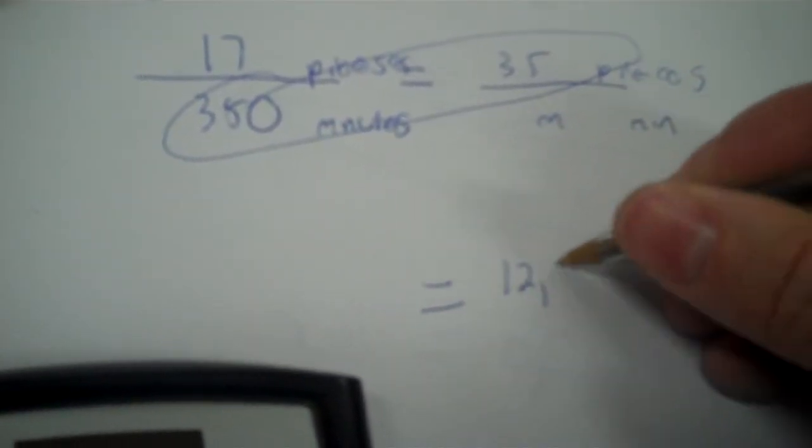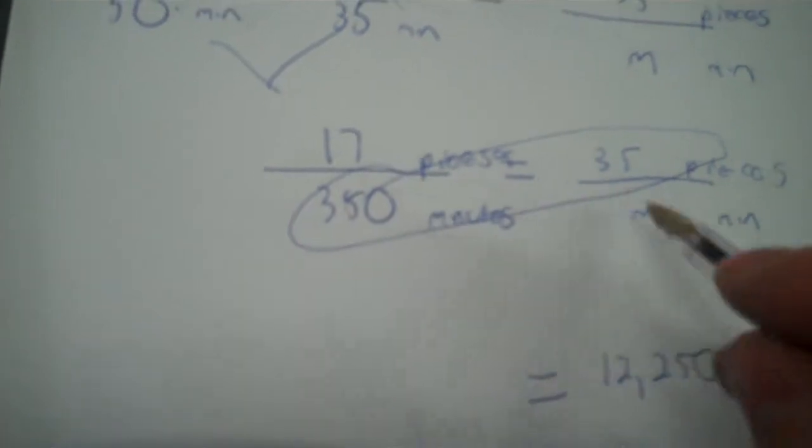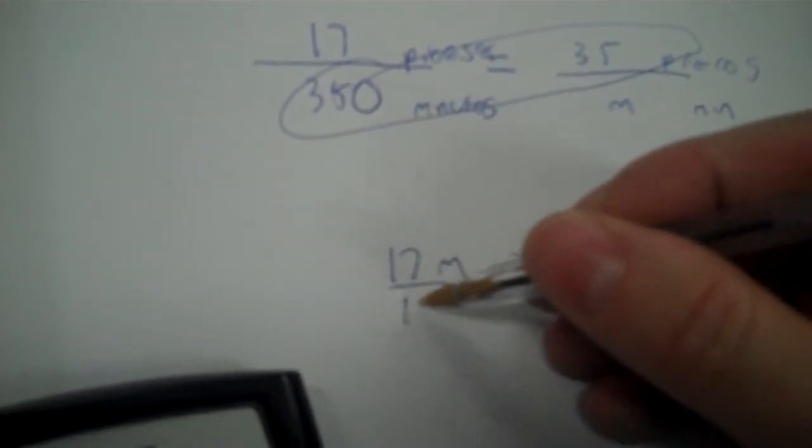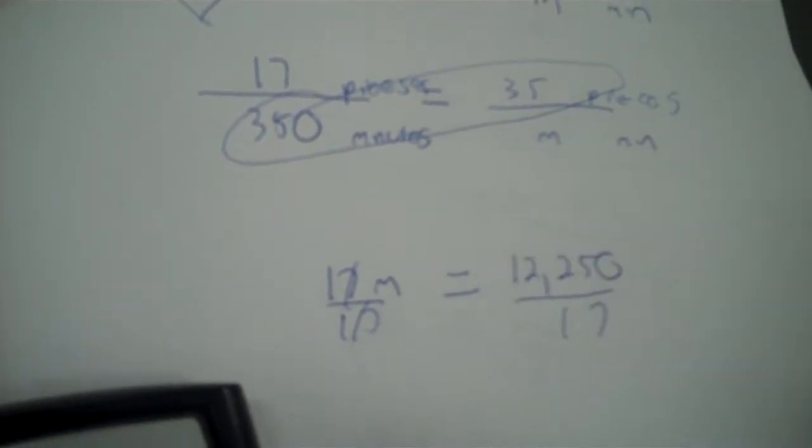Okay, so now I'm going to cross multiply and divide. 350 times 35 is going to be a pretty high answer: 12,250. And over here, 17 times m, we write as 17m. Then we're going to divide by 17. A lot of these problems, you get decimals. Don't write the full decimal.